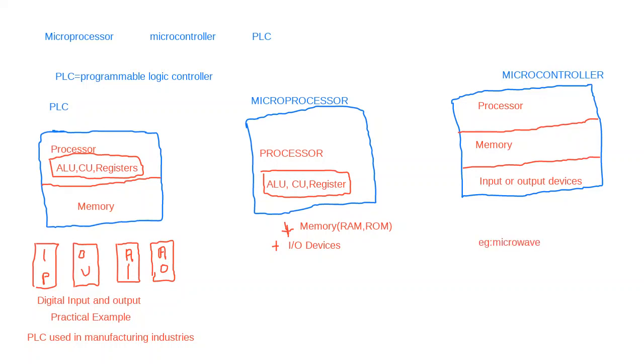Microwave. Then we have washing machine. Then we have digital camera, because they are performing a particular task. Fridge, you can say refrigerator. Arduino, right? Okay. AC.